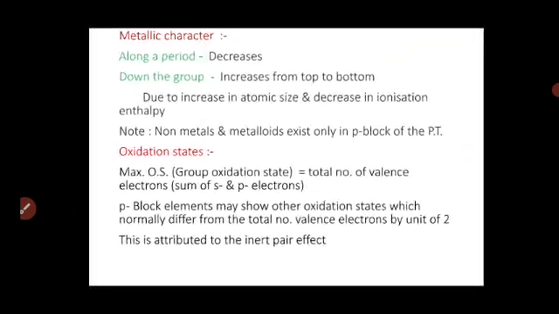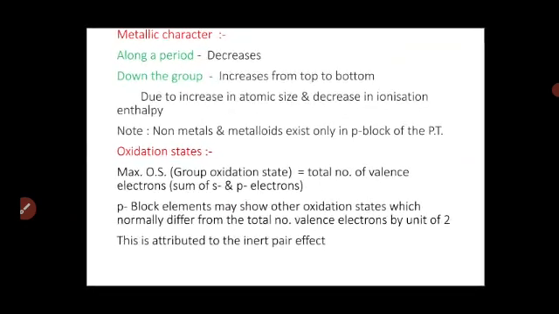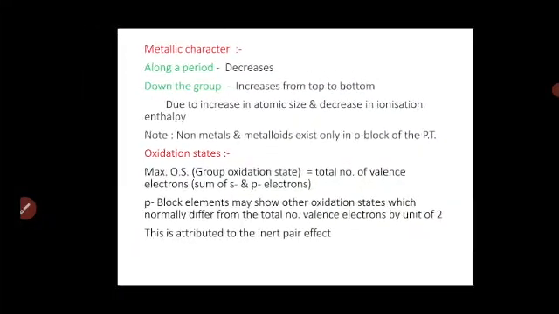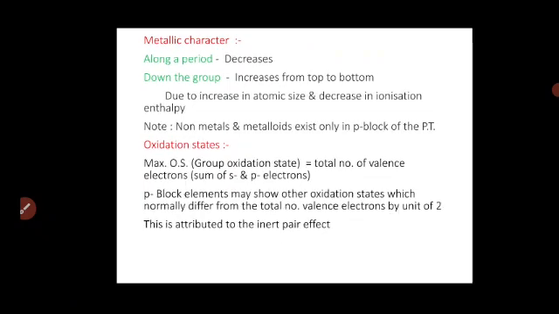Down the group, metallic character increases because the outermost electron or the valence electron is loosely bound, and hence it is easy to remove the electron. And we know that the atom of the element which donates the electrons, we call it a metal, right? So as size increases, it is easy to donate the electron.